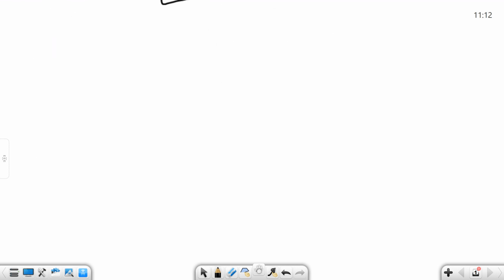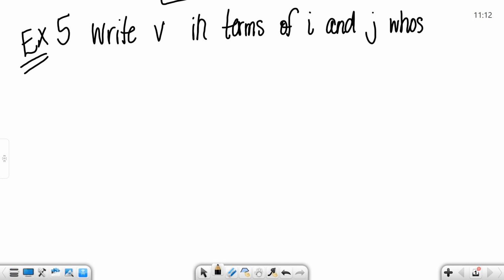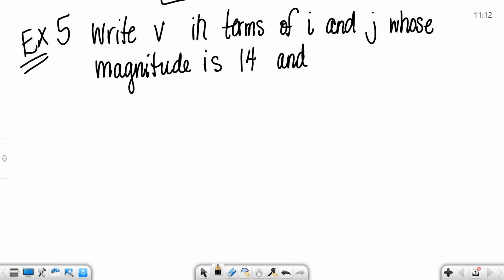So let's use that information to do our last example here. We are going to write our vector v in terms of i and j, whose magnitude is 14 and direction angle is 150 degrees.